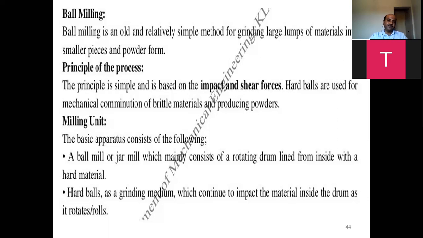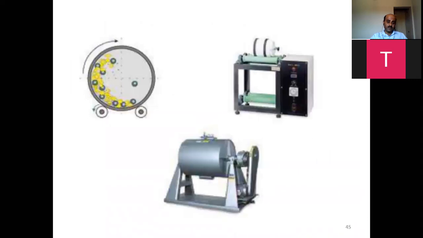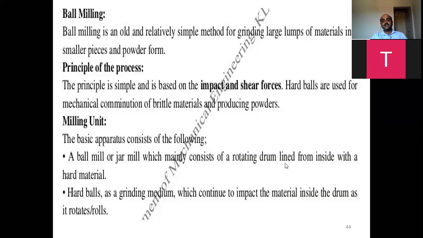Look at the milling unit over here. The basic apparatus consists of the following: a ball mill or a jar mill, which mainly consists of a rotating drum lined from inside with hard material, and hard balls as a grinding medium, which continue to impact the material inside the drum as it rotates.